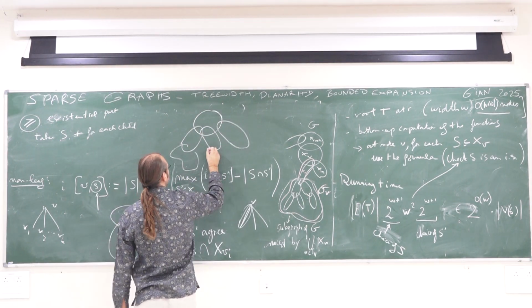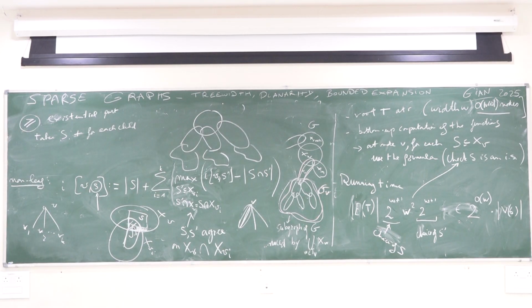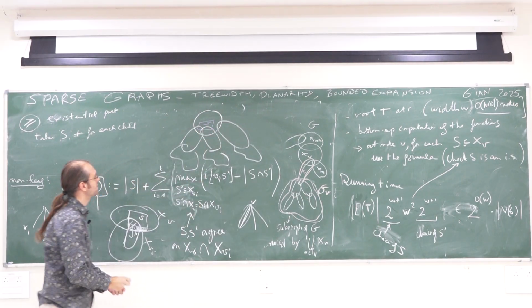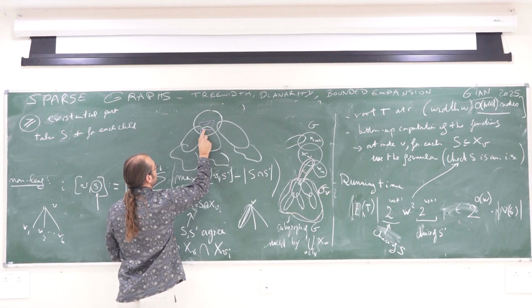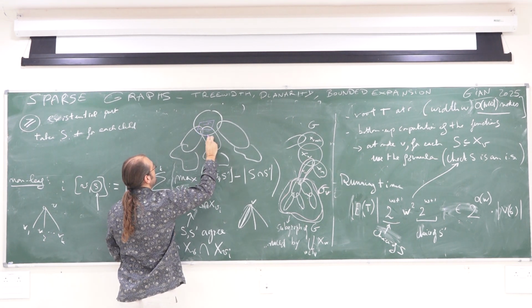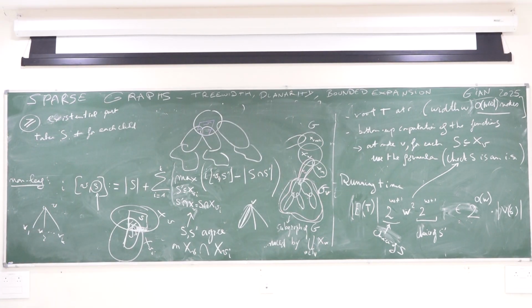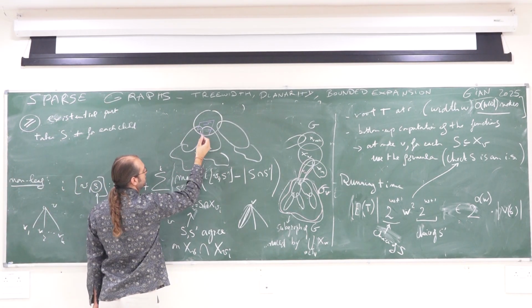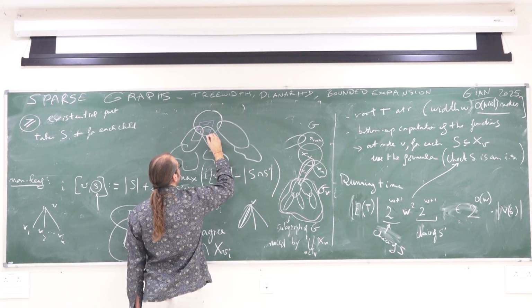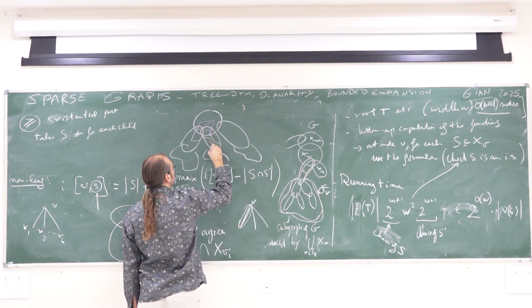Let's make it so that it touches the border. Like this. So for any S, I can take any S prime that agrees with S. Okay. This is another S prime.